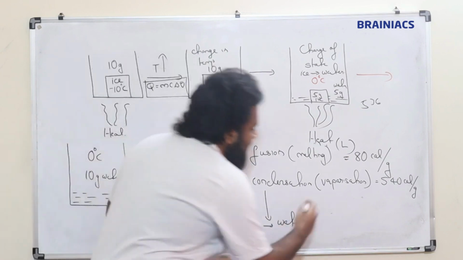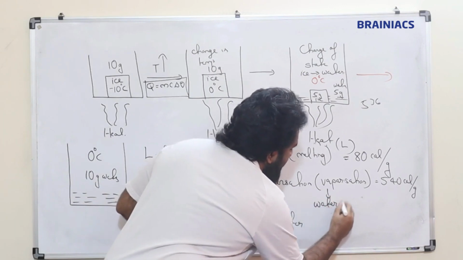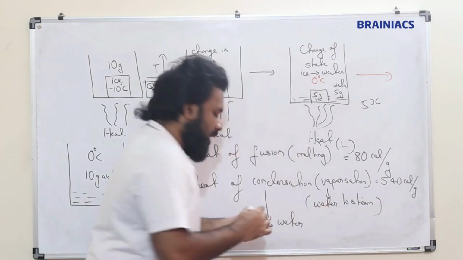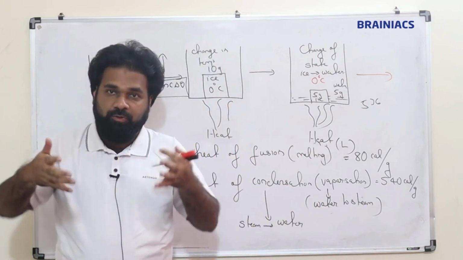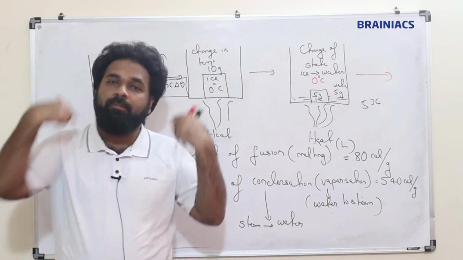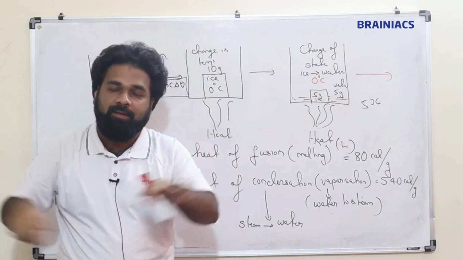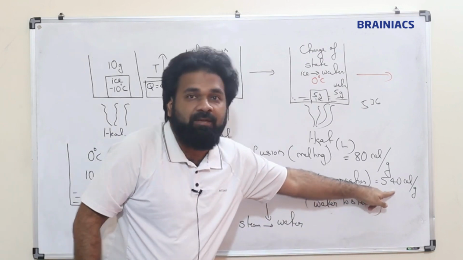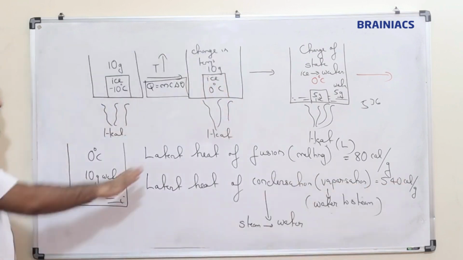What is vaporization? Vaporization is water to steam. How can water become steam? By absorbing heat. When it absorbs heat, water will become steam. When it rejects heat, steam will become water. Either absorption or rejection, but the latent heat for that is same. 540. Clear? I will summarize this.